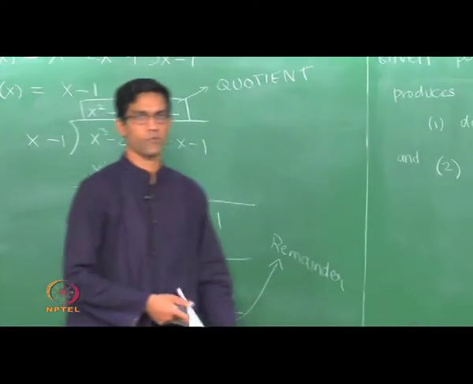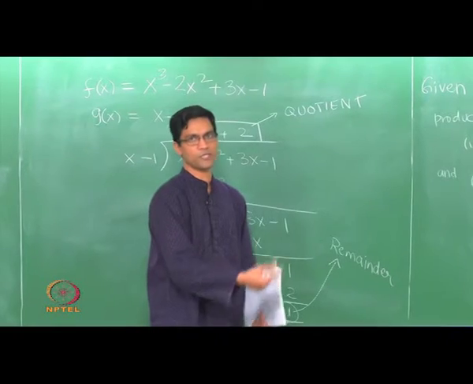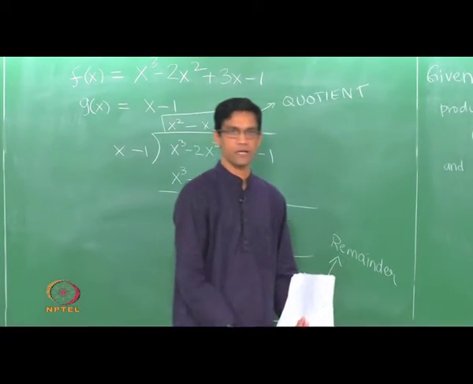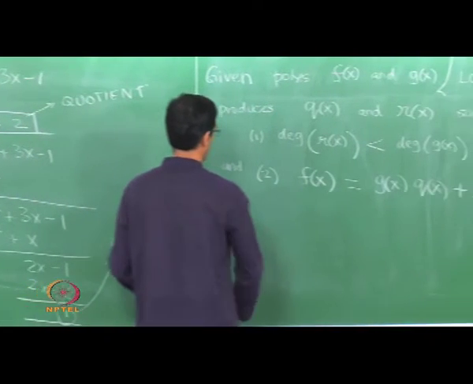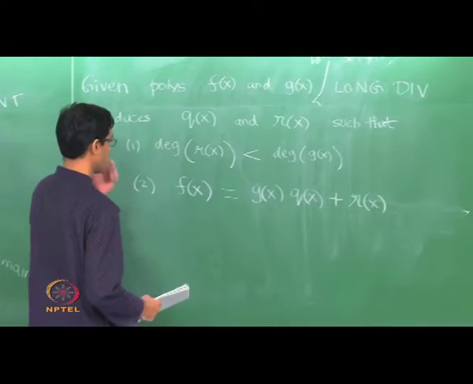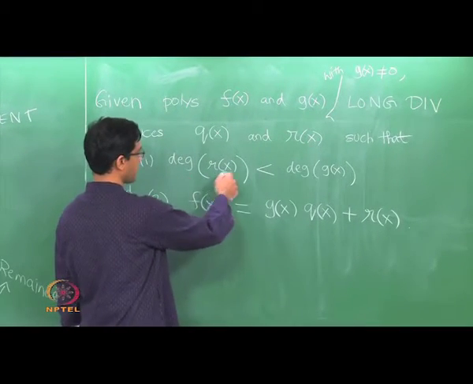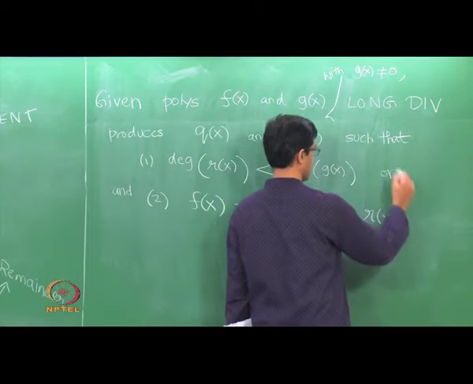You produce two other polynomials with these properties, that f can be written as g times the quotient plus a remainder, and with the remainder having degree strictly smaller than the degree of g. Okay, so notice, I should again qualify this a little bit more. So the degree of the remainder is strictly smaller than the degree of g, or the remainder could be 0.